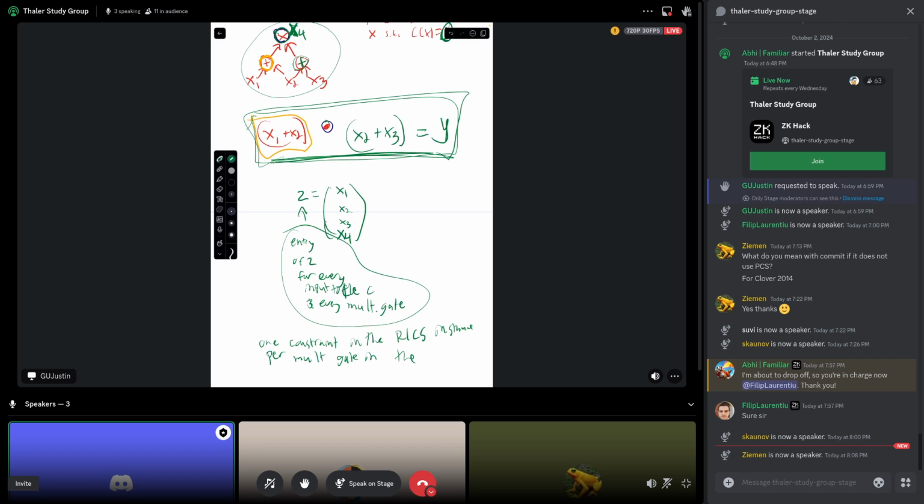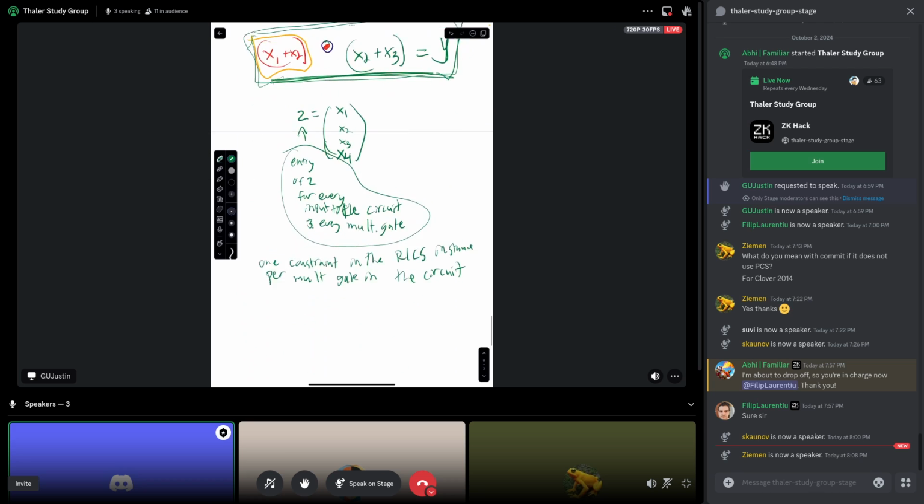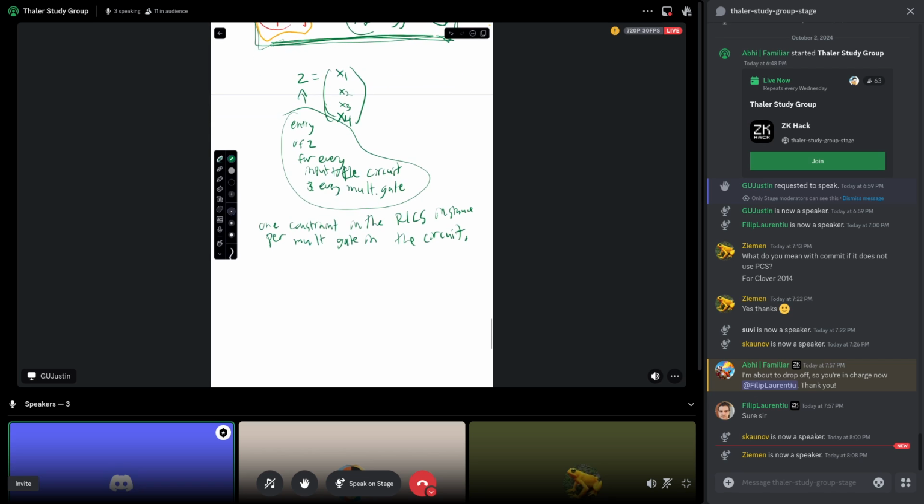Maybe I'll write the circuit not as capital C, so as not to confuse it with the R1CS constraint matrix that I also call capital C. Every multiplication gate in the circuit, the requirement that it is assigned a value equal to the product of its two input gates, is a rank 1 constraint. So this is basically the transformation.